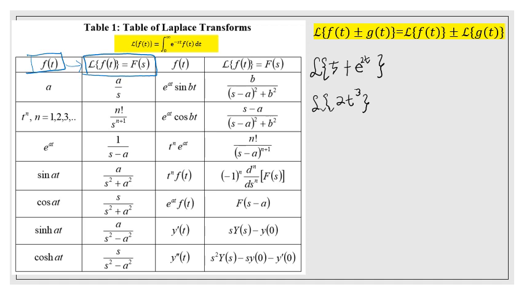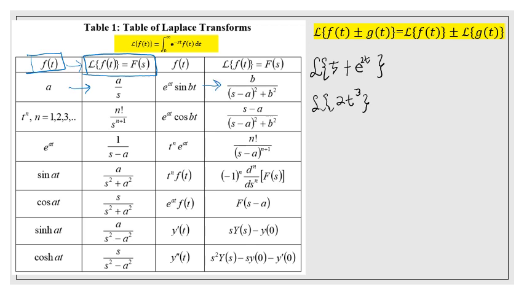For example, here we have a constant, a, represented by any constant. To get the Laplace transform, we find that it is equal to a over s. The same goes for the third column. Here, for example, we have exponent at sine bt. To get the Laplace transform, we just substitute the values of a and b into the formula.